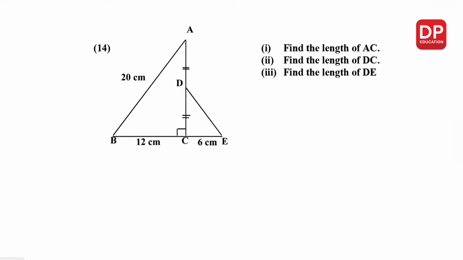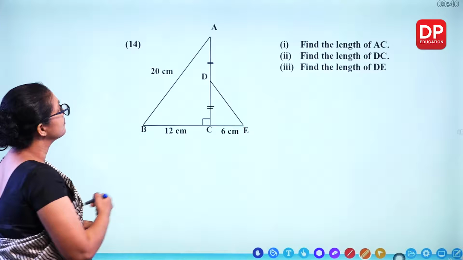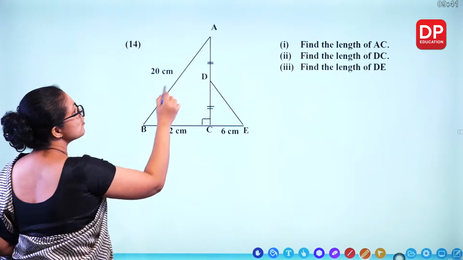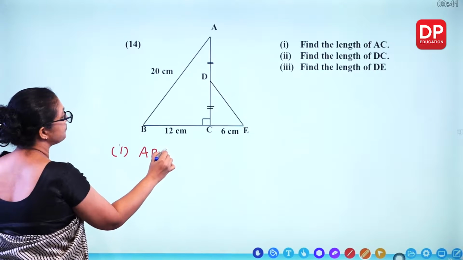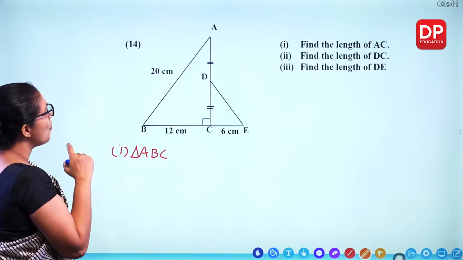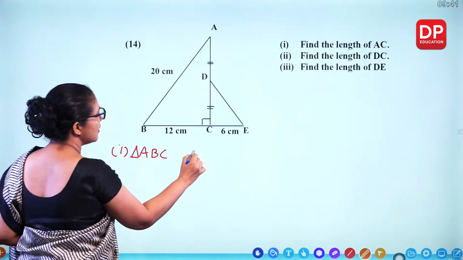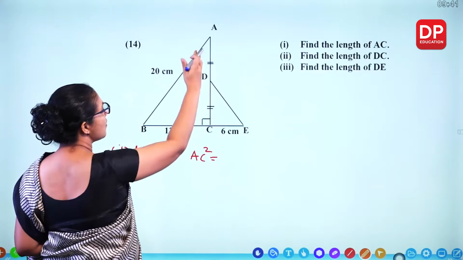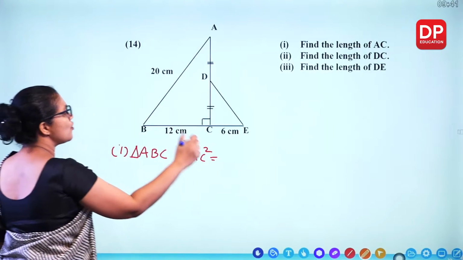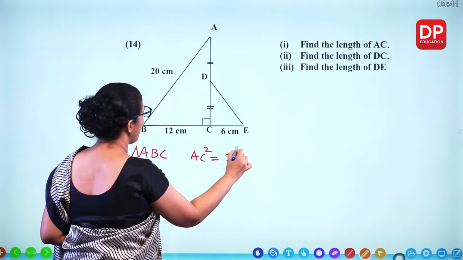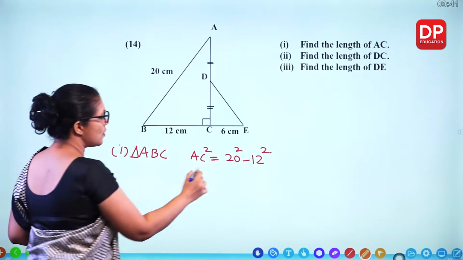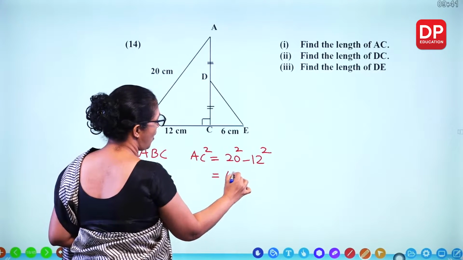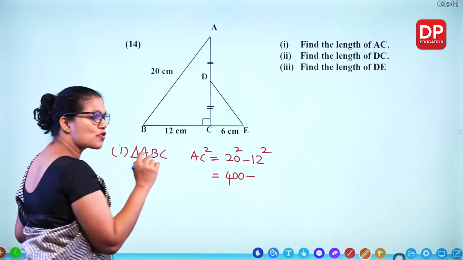Look at this diagram. Find the length of AC. This length. So we have to take the big triangle ABC. What's AC squared? AC squared is equal to, the hypotenuse is 20, so 20 squared minus 12 squared. 20 times 20 is 400. What's 12 times 12?